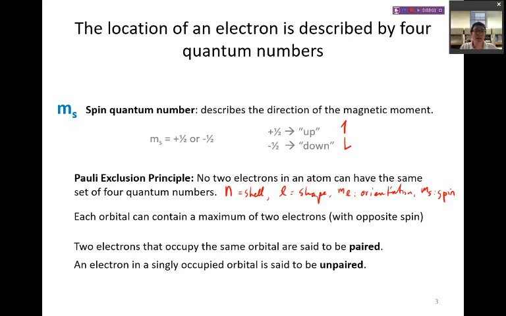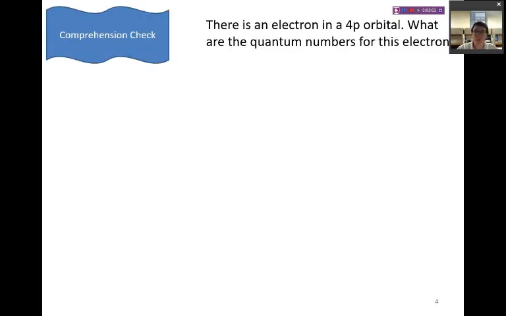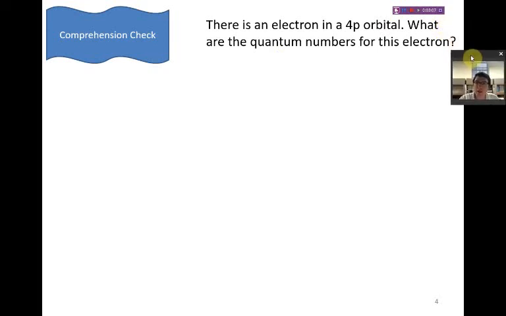Let's take a look at an example here. If we have an electron in the 4p subshell, what are the quantum numbers that are possible for this electron? We know that a 4p means that our n value is 4 and our L value is 1.